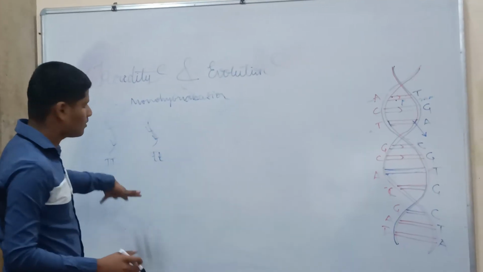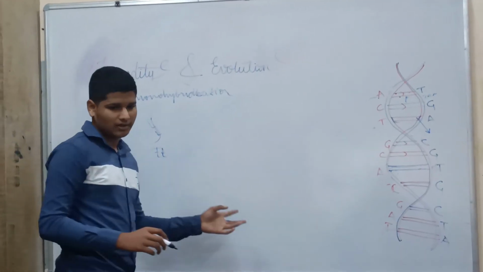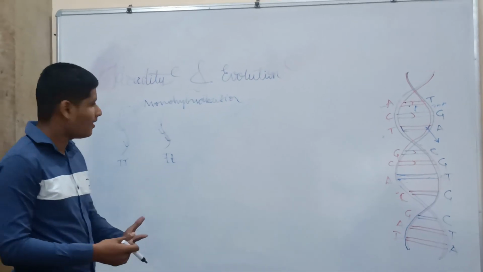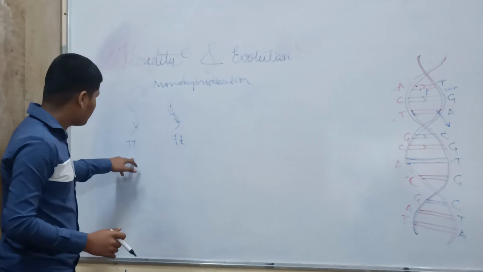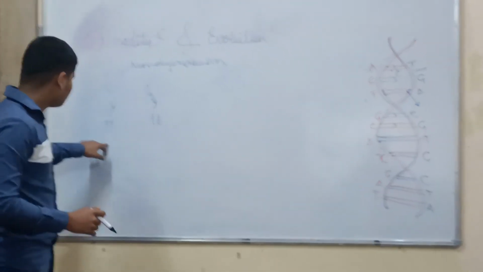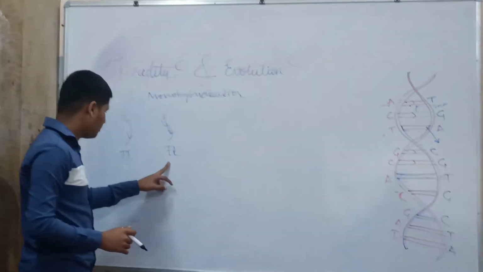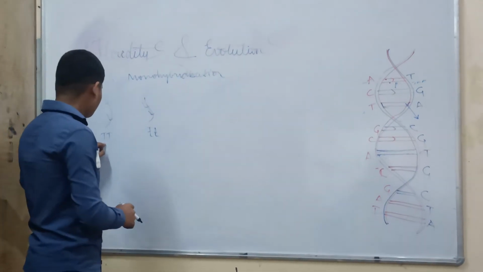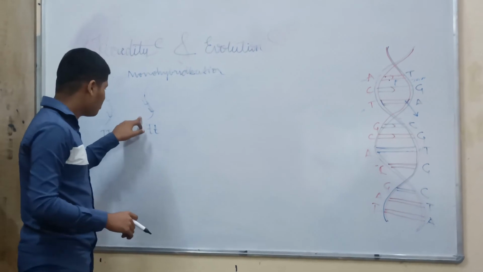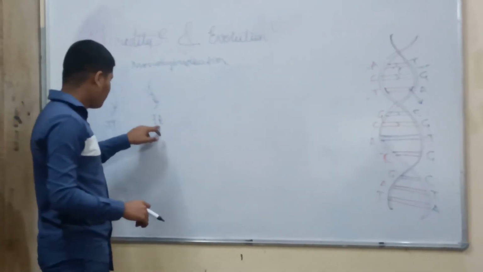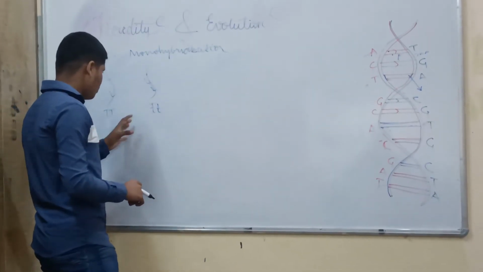Monohybrid crossing, the experiment was done by the curious scientist Gregor Mendel. He took a tall plant and a short plant. He named their genes TT and tt. They are the genes of the tall plant kept in capital letters and the short plant in small letters.